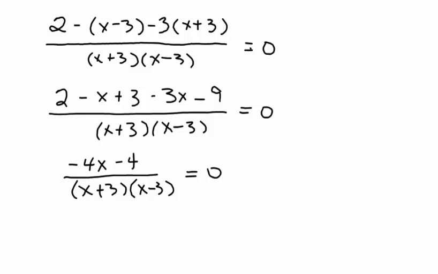This means that our numerator must be equal to 0, or negative 4x minus 4 is equal to 0. We can add 4 to both sides. This is going to give us negative 4x is equal to 4. And then dividing both sides by negative 4 gives us a final value of x is equal to negative 1.